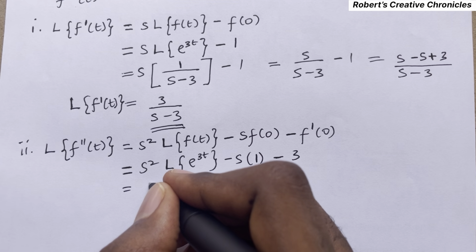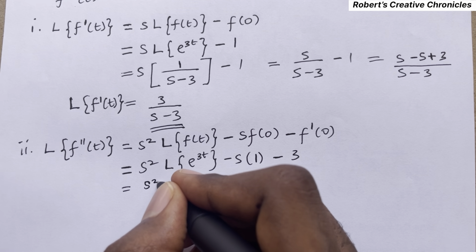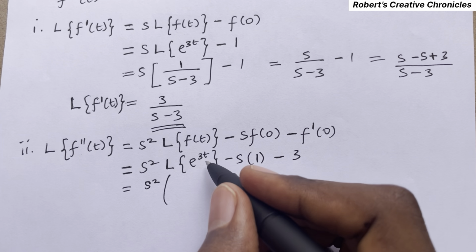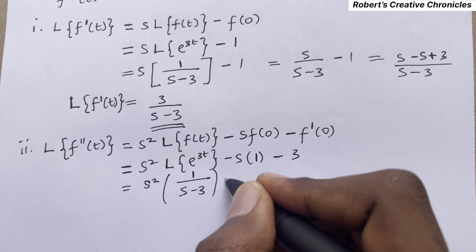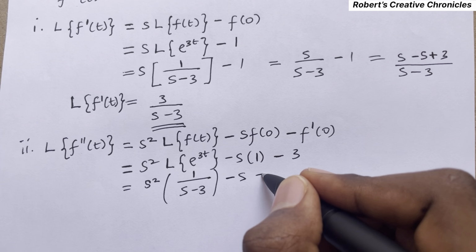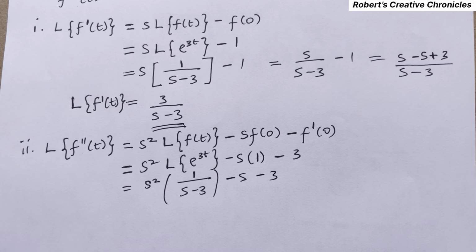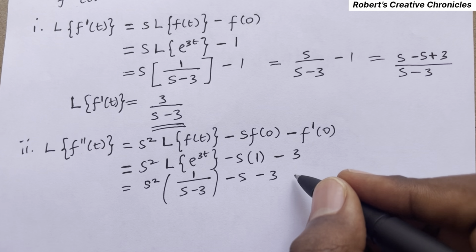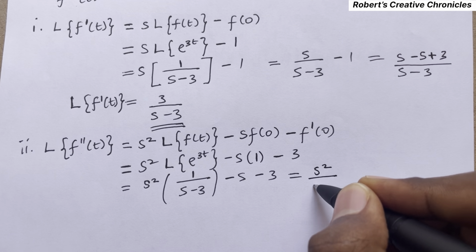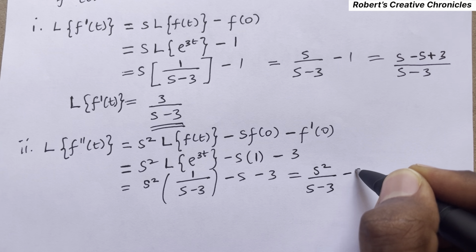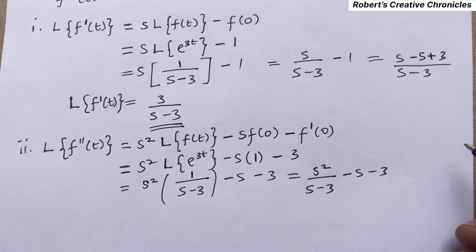So this becomes s squared times 1 over s minus 3, minus s, minus 3. So this becomes s squared over s minus 3, minus s, minus 3. The LCM is what?